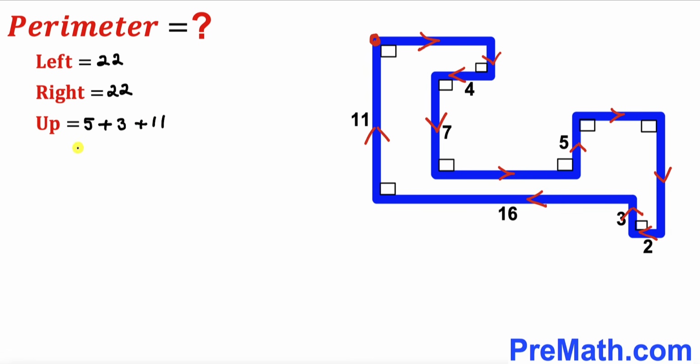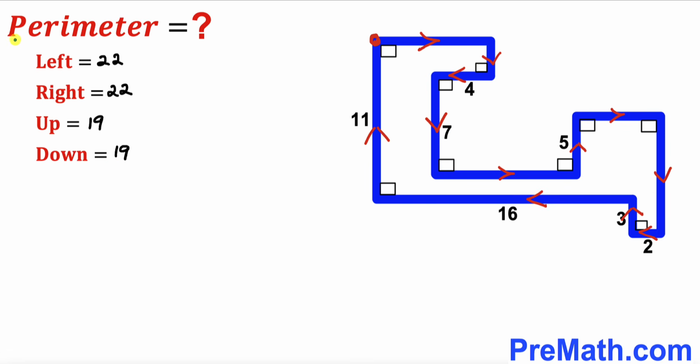And if we add them, that is going to give us 19. So therefore our combined upward length turns out to be 19 units. So therefore our downward length has got to be 19 units as well. In other words, if we add these downward segments, this segment, and this segment, we are supposed to get 19 units as well.